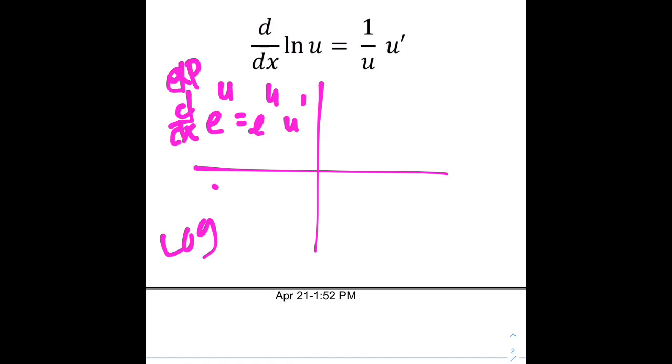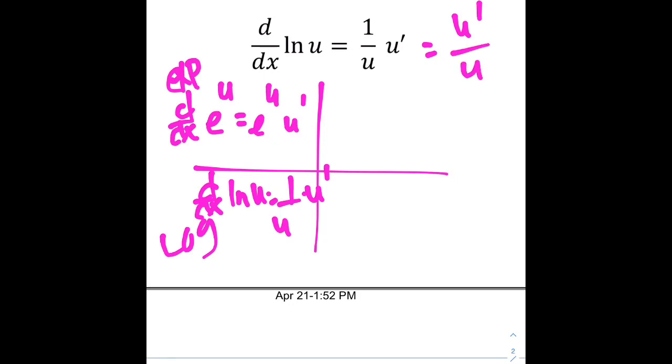When I want to take the derivative of the natural log of u, it's 1 over u times u prime. Sometimes you'll see texts write it as u prime over u. We'll fill out this part a little bit later in the lesson.